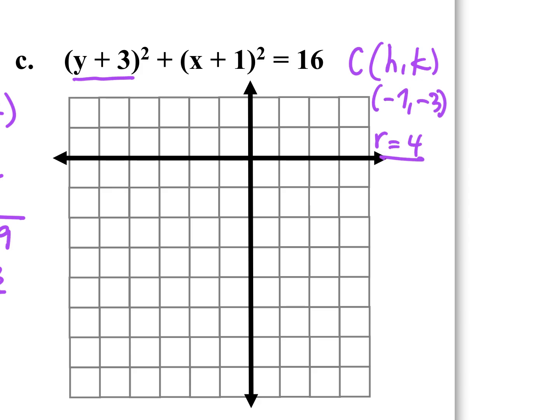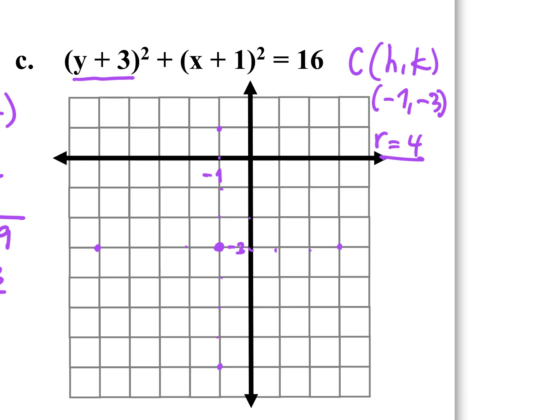Okay, so let's find (-1, -3). This is my negative 1, and 1, 2, and 3. So this is going to be my negative 3. They're going to meet somewhere here. 4 units, 1, 2, 3, and 4 in each direction.